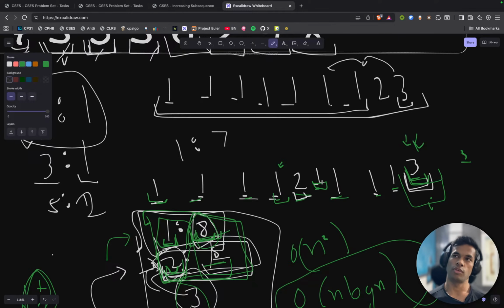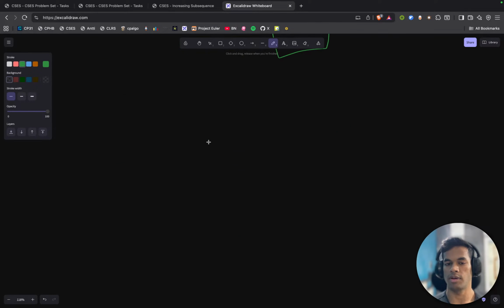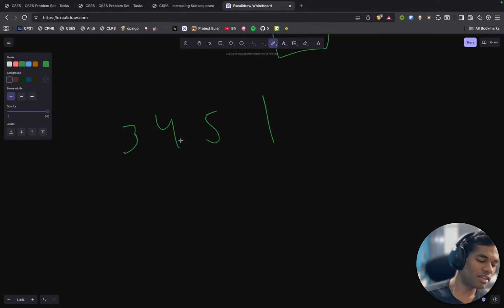And if I do choose the smallest with which this number could be paired up, then yeah, it might be bad. Just in this case, like 1, 2, 4, 5, 1. The smallest number with which this could be paired up, 3.